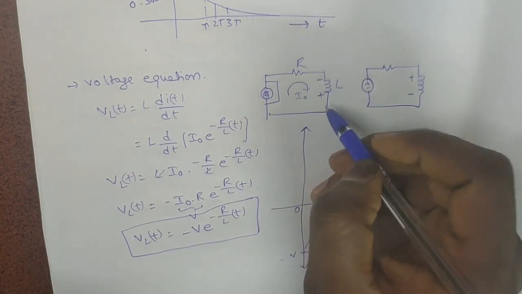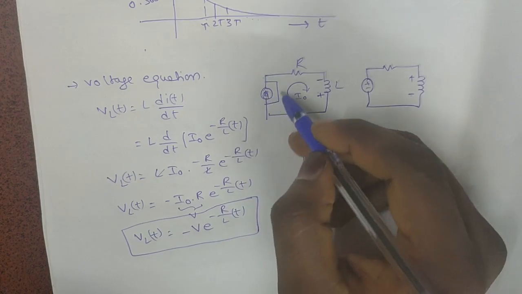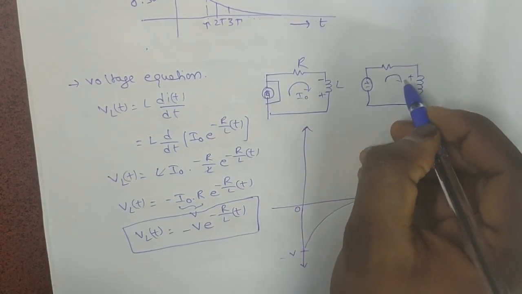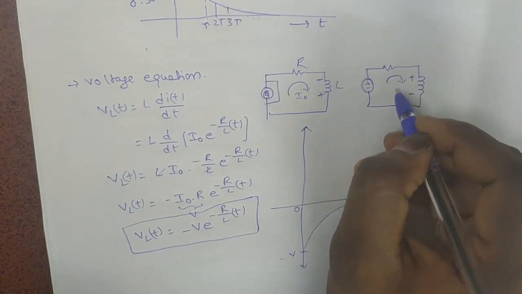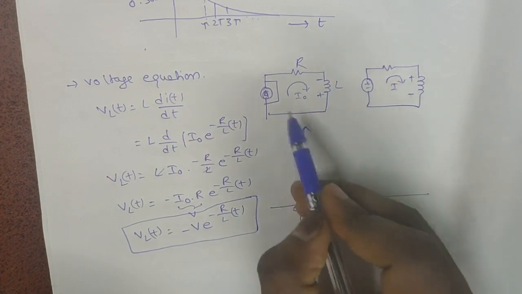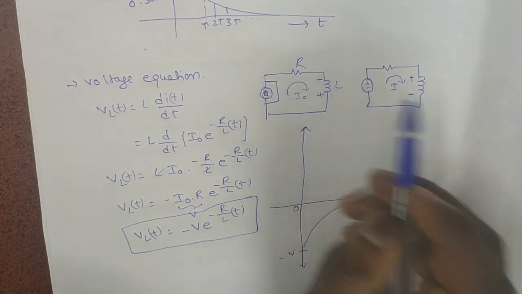When dissipating, when the source is not there, then the polarity will be changing, but the current direction will be as it is in both cases. With source and without source, the current direction is the same, but the voltage polarity will be changing.